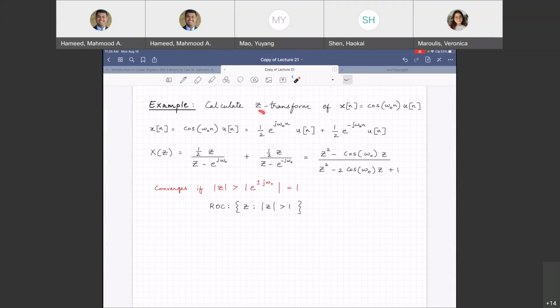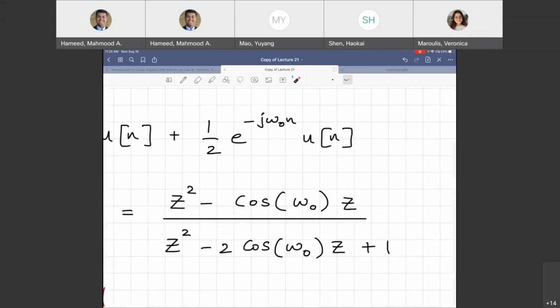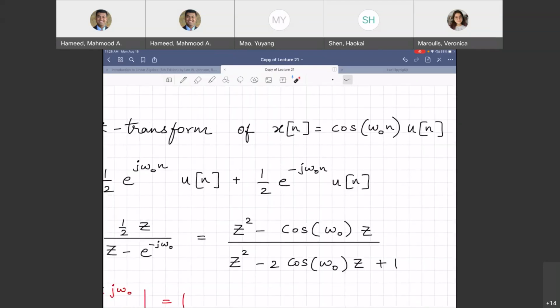Let's try to calculate the Z transform of this particular signal. Let's observe this signal a little bit. Here you have cosine omega naught n and u of n. Now u of n I can handle. How? When I apply that summation, u of n will help me define the limits of that summation, only n greater than or equal to 0. How do I deal with cosine omega naught n?